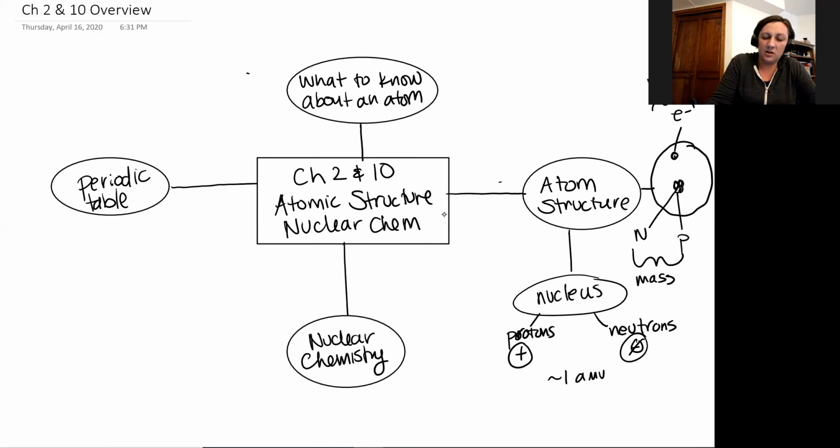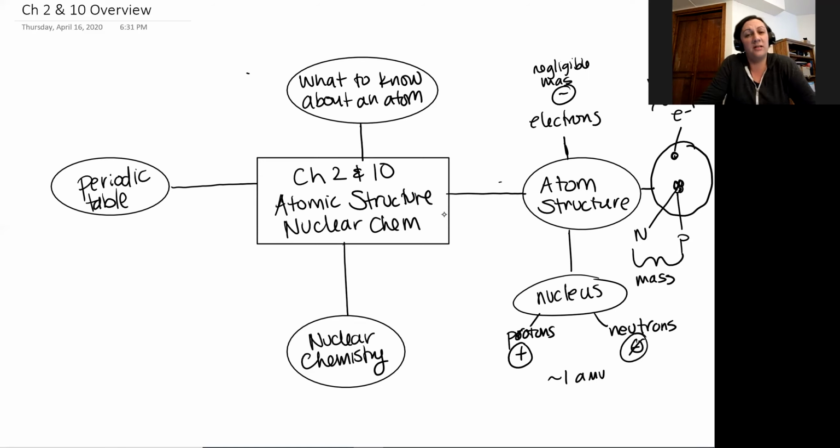The electrons around the nucleus have a negative charge, and they have basically a negligible mass. It's just very, very small compared to that of a proton or a neutron, so it kind of becomes a rounding error. These really take on this electron cloud property.